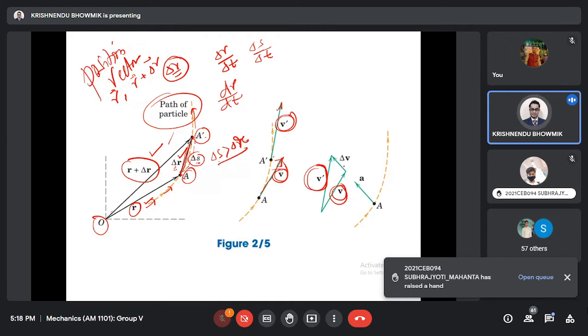From the triangular law, this is the delta V. If A and A prime are very close, and we draw V and V prime, then delta V is obtained. Along this delta V, acceleration will act, because that is dV by delta t or dV by dt, is not it? That slope will be along this, and it will be along this acceleration.